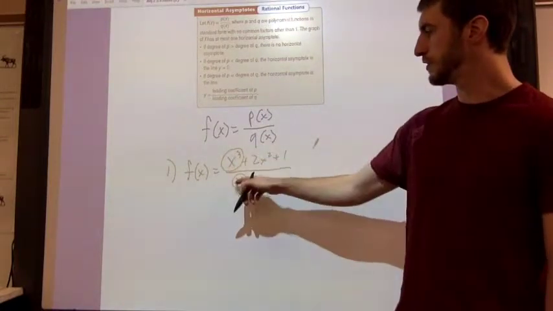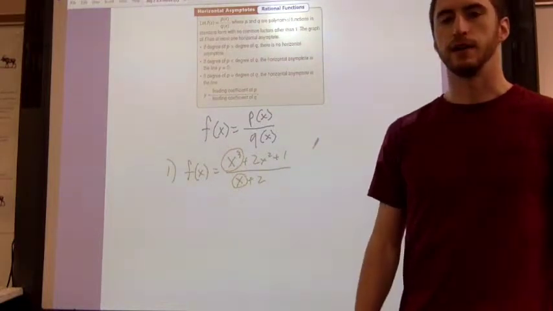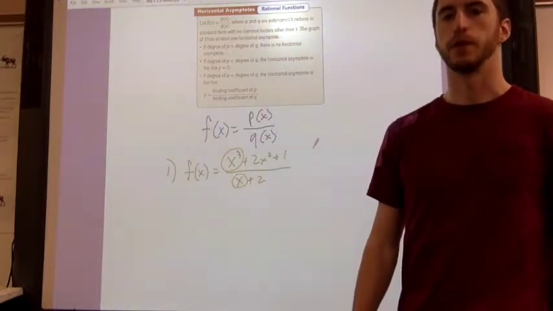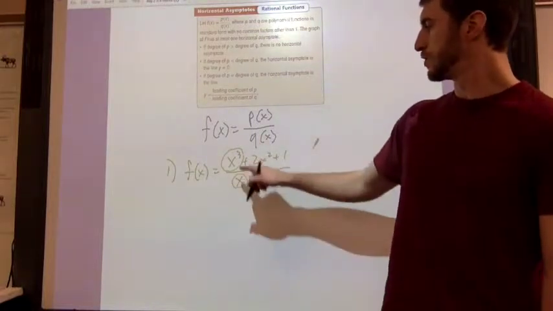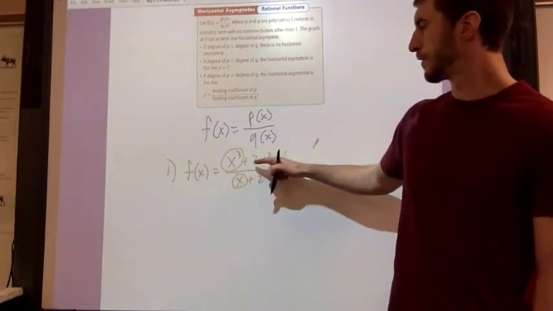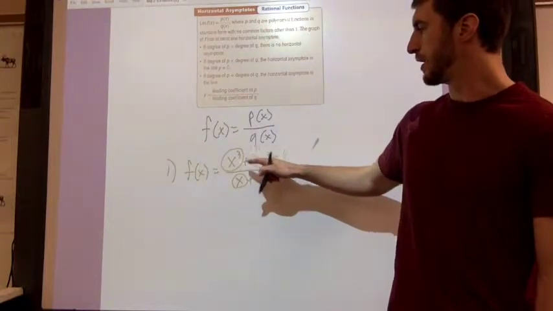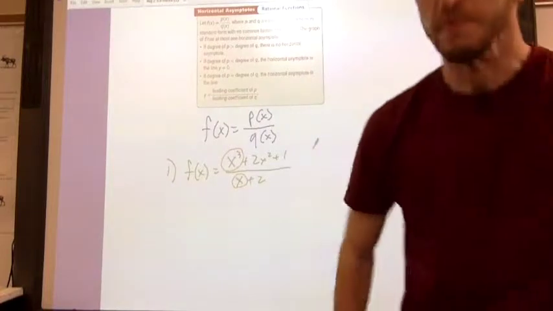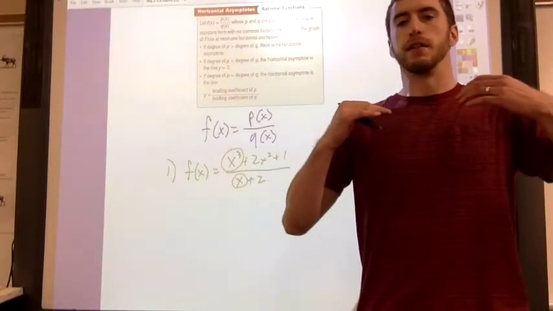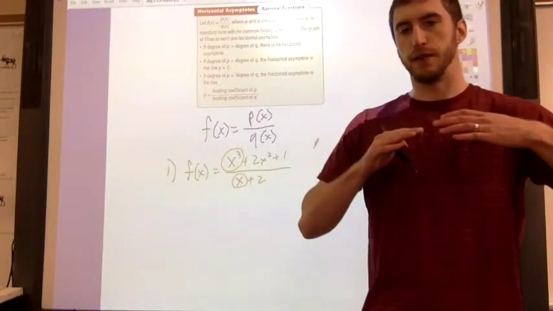And what this tells you is whether or not it has a horizontal asymptote. So if you think about this with me, we've got an x cubed in our numerator, okay, and this is the graph.